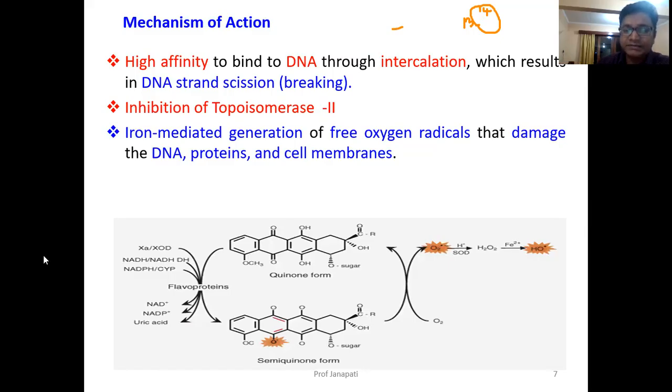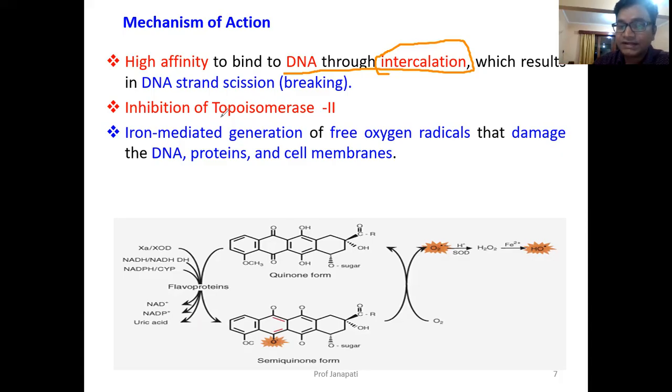The main mechanism of action of these drugs is that, see, it has high affinity to bind to DNA by the intercalation process. In the previous slide, we told what is meant by intercalation. Because of intercalation, the DNA shape is distorted. So there is bond breaking in the DNA molecule.